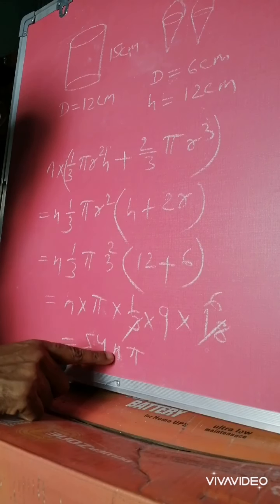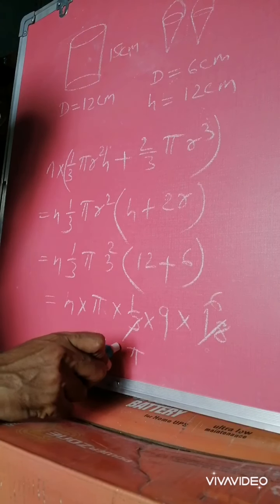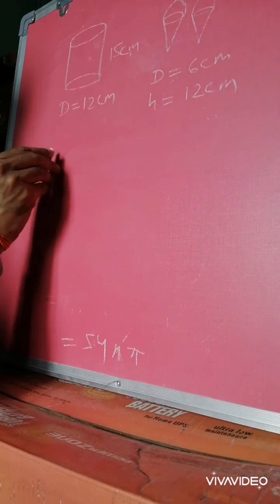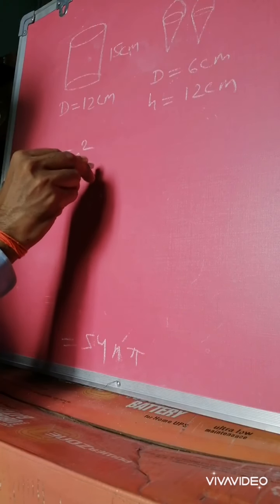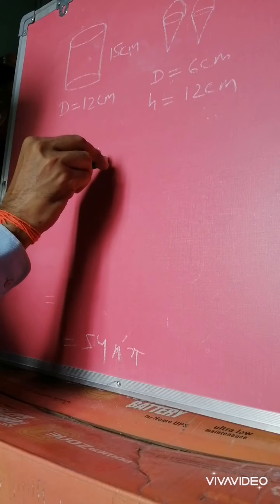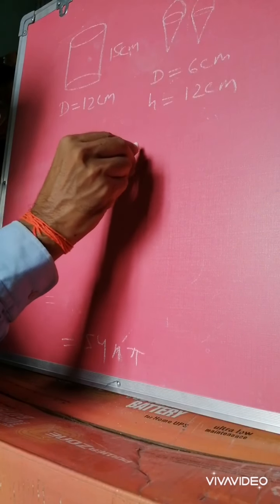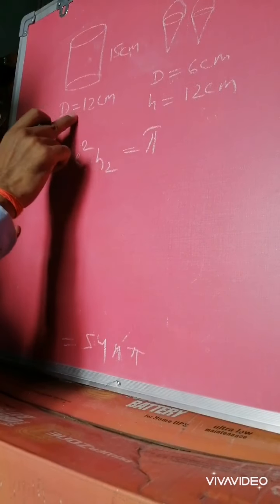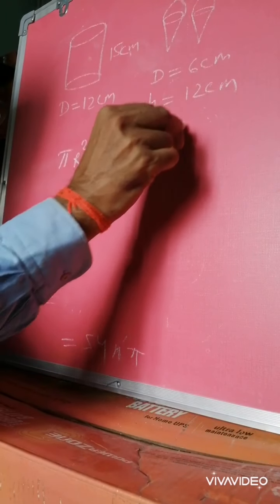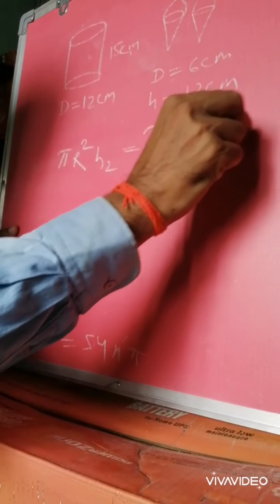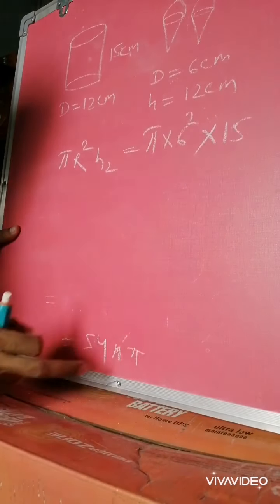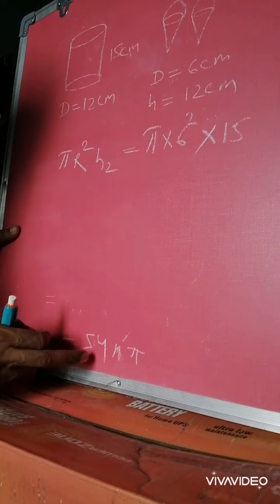So 54 n pi is the volume of the cylinder. Volume of cylinder formula pi R square h, that equals pi, diameter 12, so radius will be 6 square, into height 15, and this volume equals the volume of all cone ice creams.